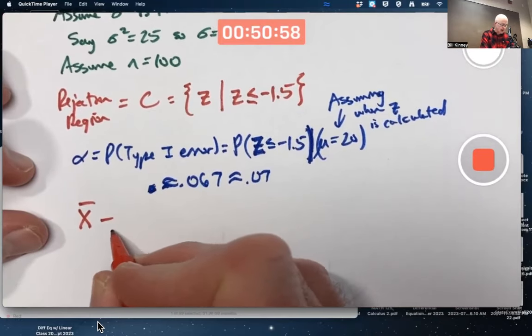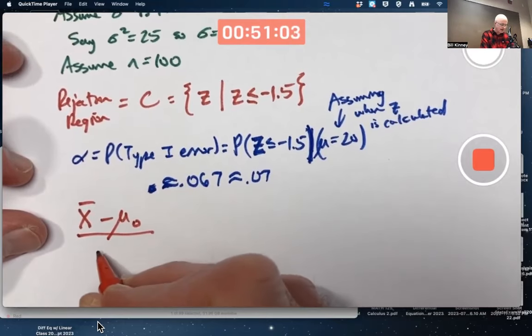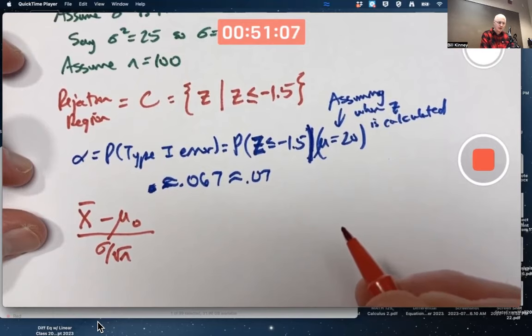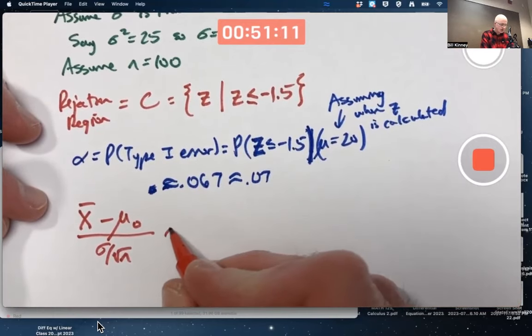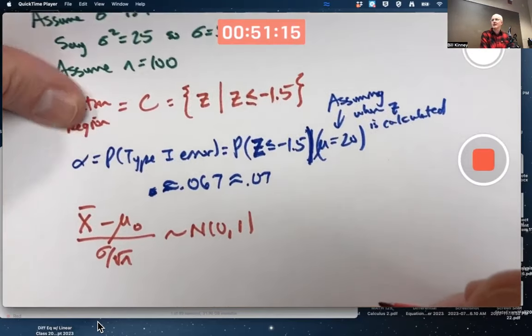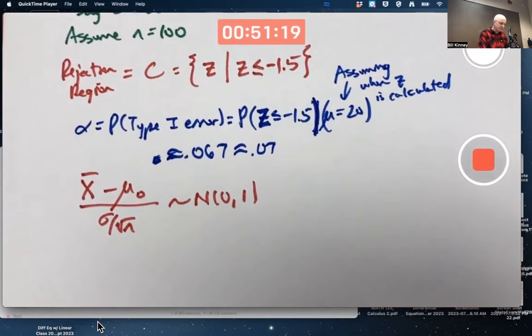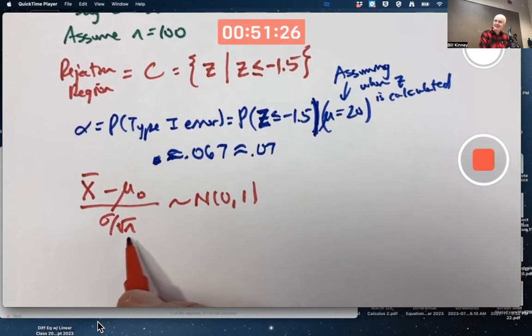In general, it's subtracting the null value, which we're assuming is true, and dividing by sigma over square root of n. We know this is going to have a standard normal distribution if I'm sampling from a normal distribution with mean mu0, standard deviation sigma, and sample size n. That was really the cornerstone theorem.